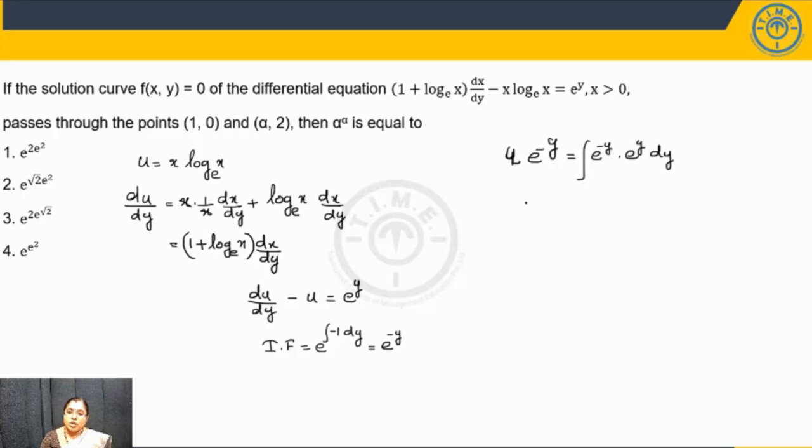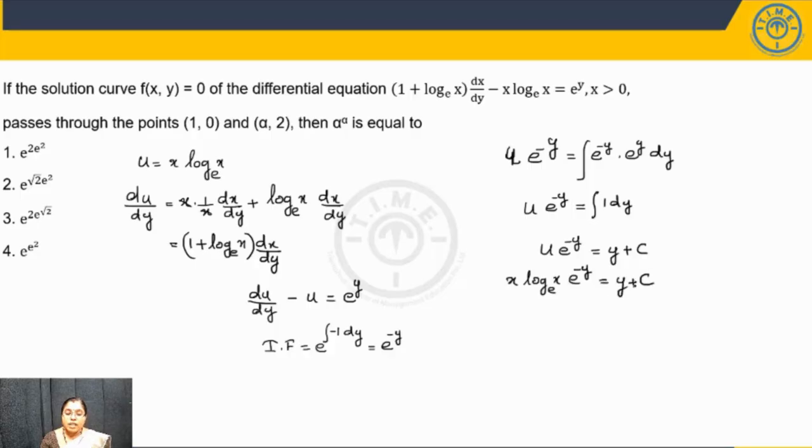So we have u into e raised to minus y equal to integral 1 dy. What is integral 1 dy? It's y. So u into e raised to minus y equal to y plus c. Let's just replace u: u is x into log x to the base e. So we have x into log x to the base e into e raised to minus y equal to y plus c.